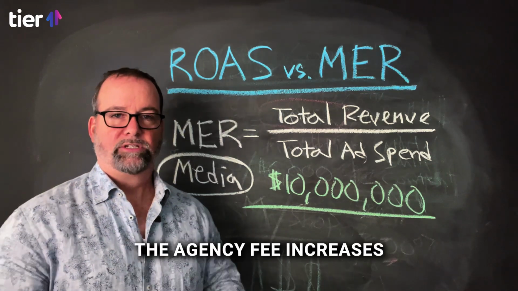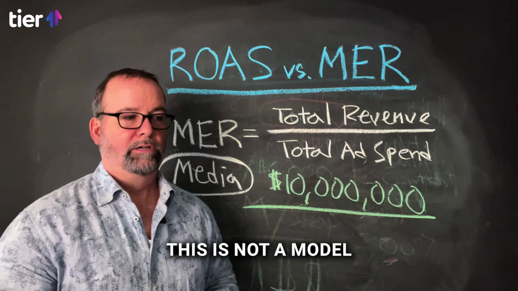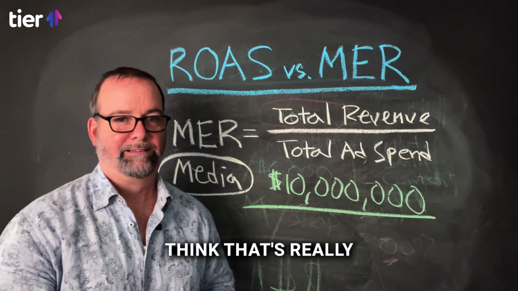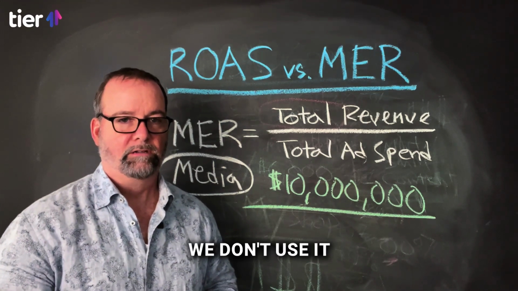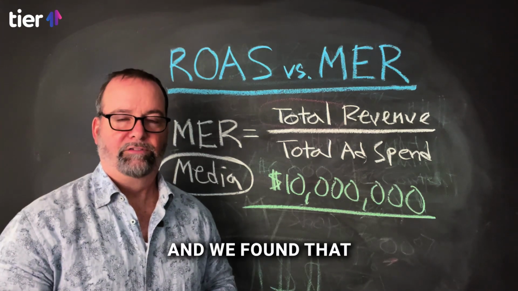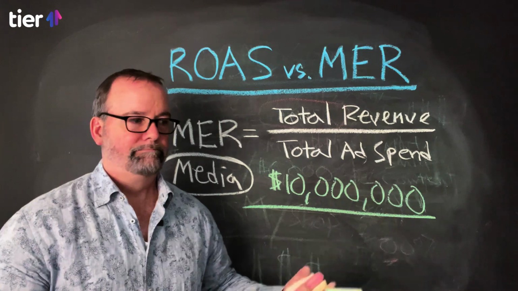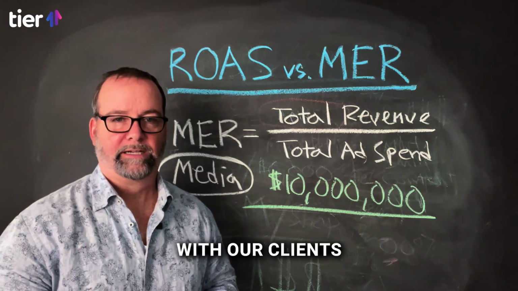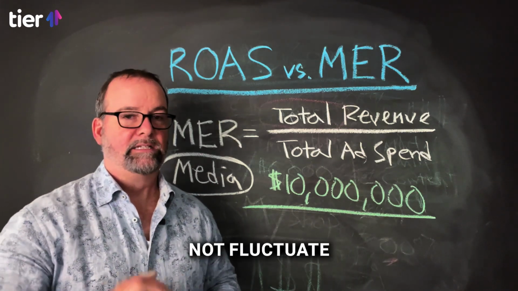The agency fee increases as you spend more, which is not a model I recommend, by the way. I think that's really an outdated model. We don't use it for any new customers anymore because it doesn't matter. And we found that it leads to a lot of fractured relationships with our clients. So that does not fluctuate.